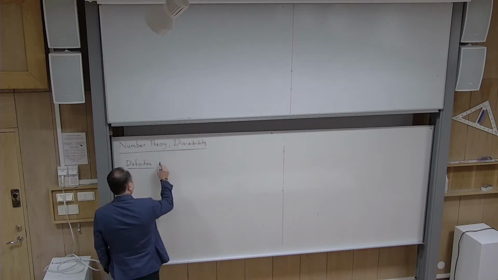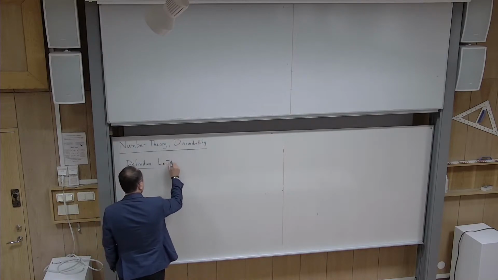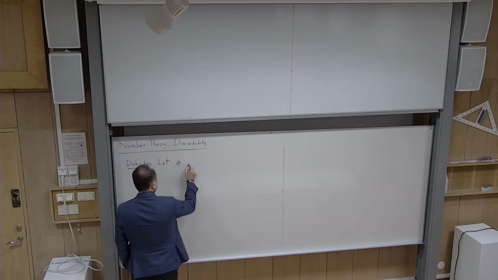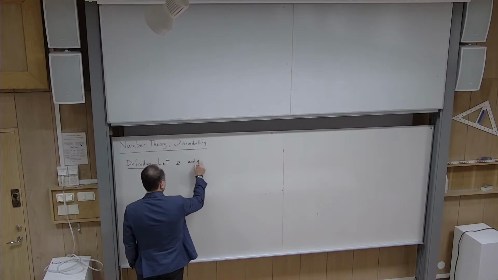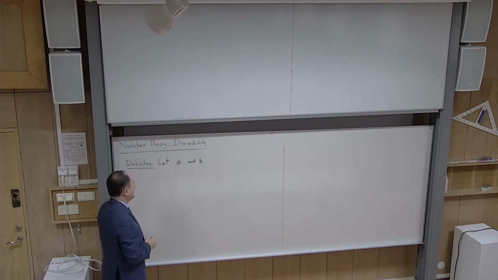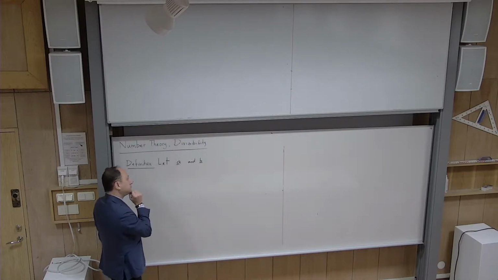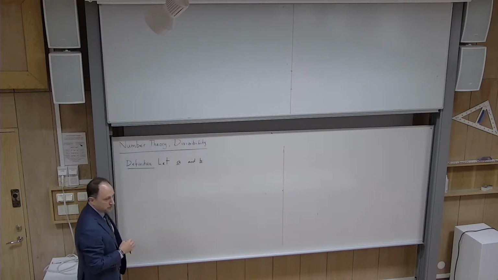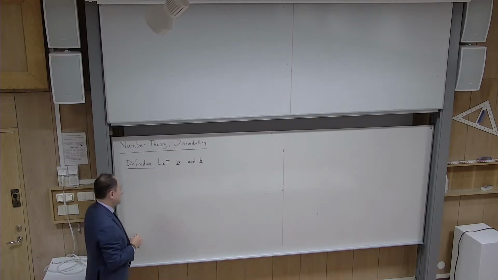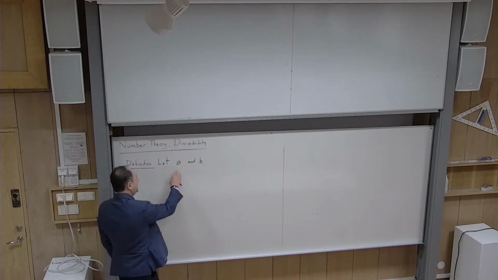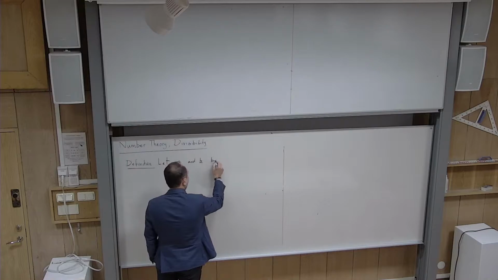So let A and B be integers. I underline them to denote that these are variables in mathematics, not English letters.